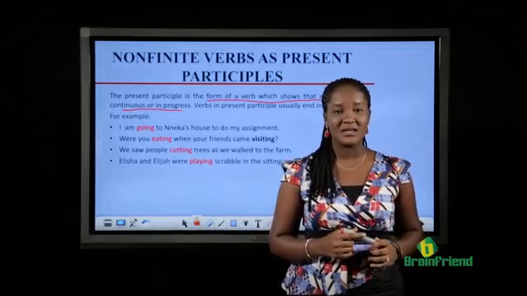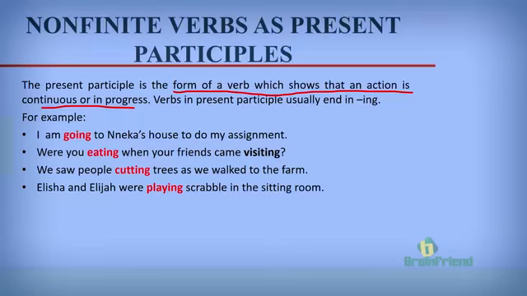That is a present participle. Now, verbs in present participle usually end in ing. A good example is I am teaching, which is what I'm doing right now. So the verb teaching has ing at the end, so it's expressed in present participle.